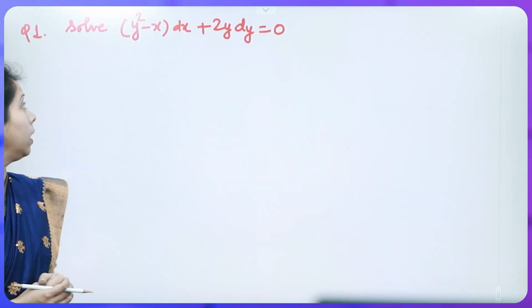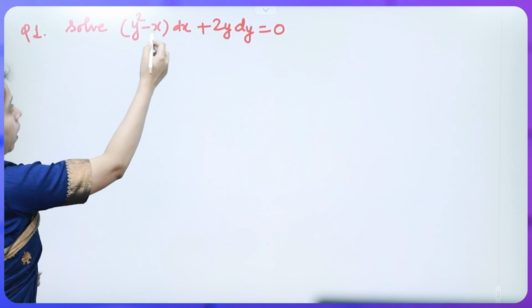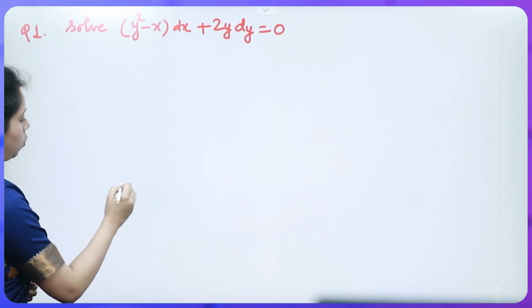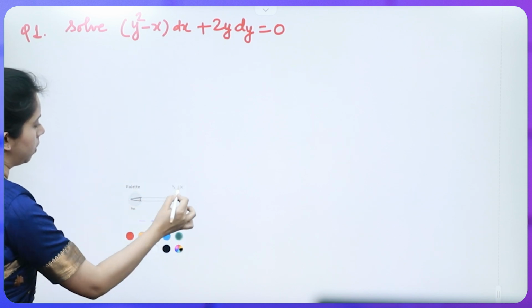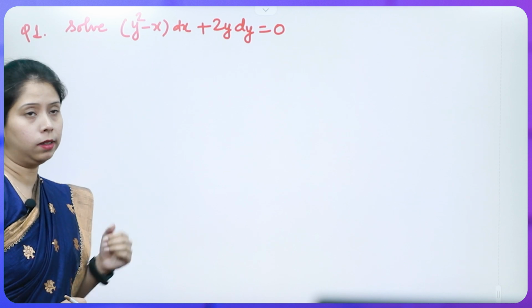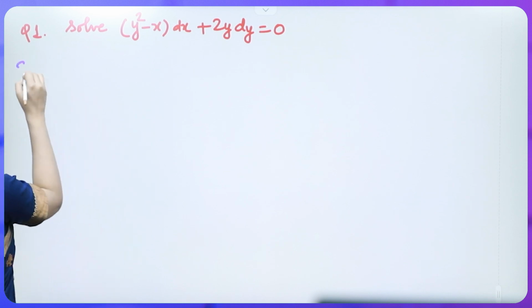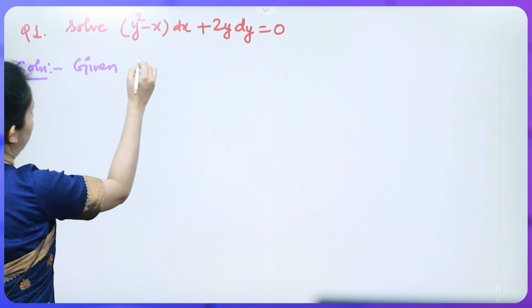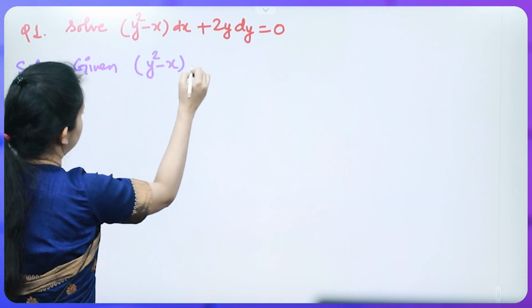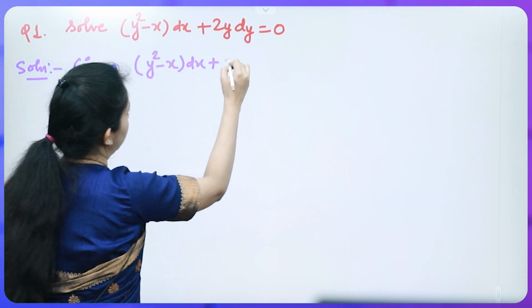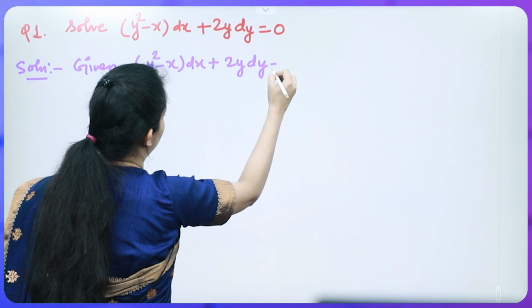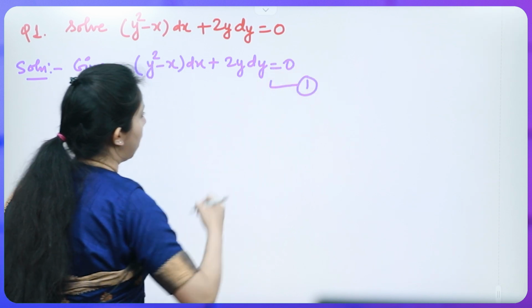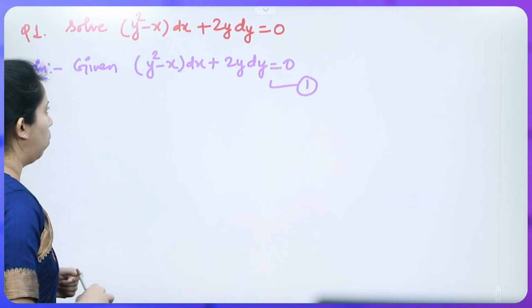Question number 1 is: solve (y square minus x) dx plus 2y dy is equal to 0. This is a first order differential equation. First step is to write the given differential equation: (y square minus x) dx plus 2y dy is equal to 0. We will mark this as equation number 1.